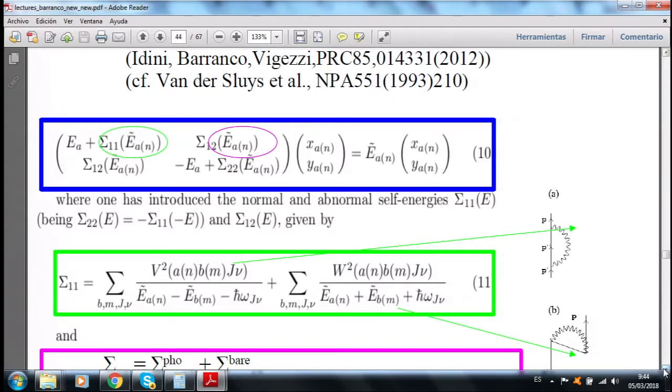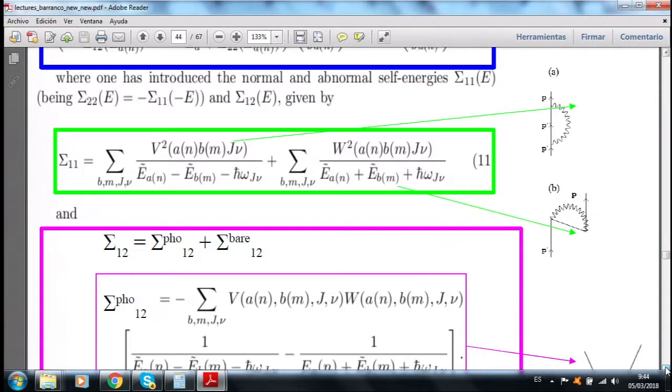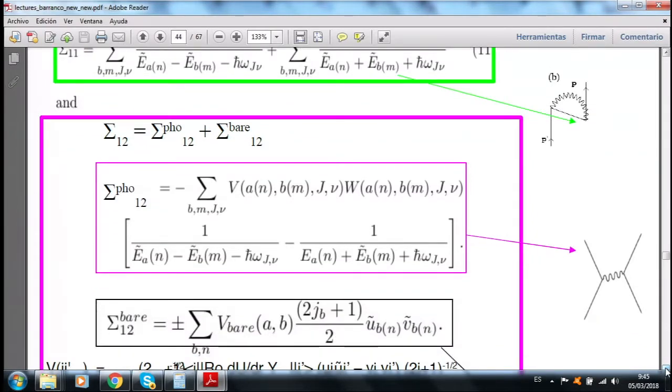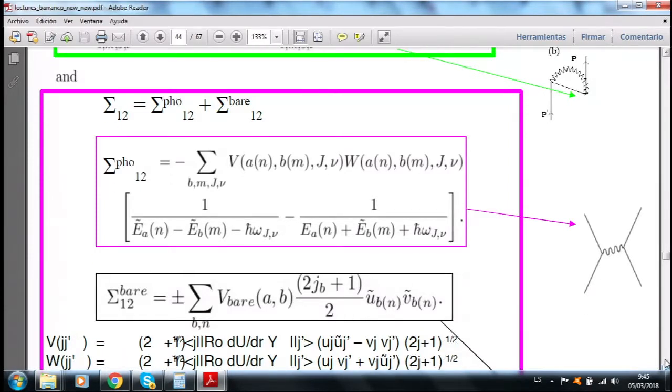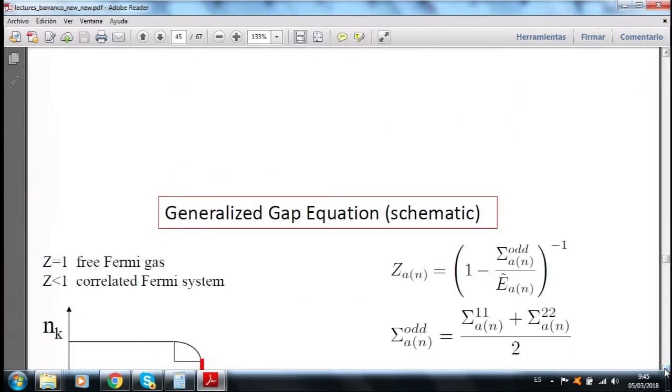So that finally we end up with a BCS-like equation in which the off-diagonal is constructed in this way through the bare interaction and through the phonon exchange. Here you have the phonon exchange part and the bare interaction contribution. And finally, with a rather simple, but I will skip this, we arrive at the so-called generalized gap equation.